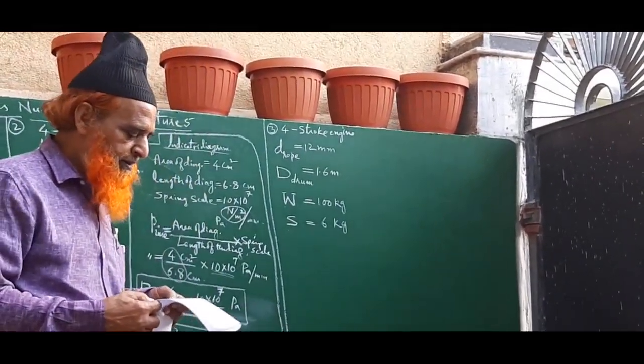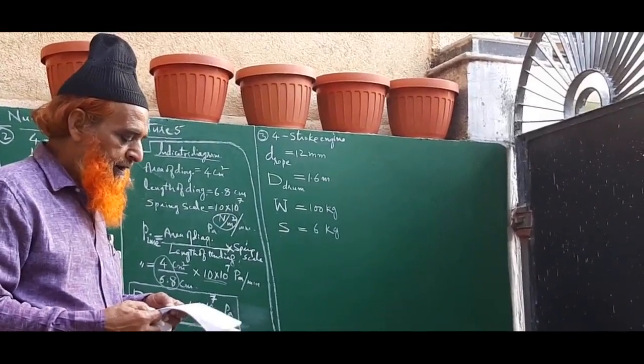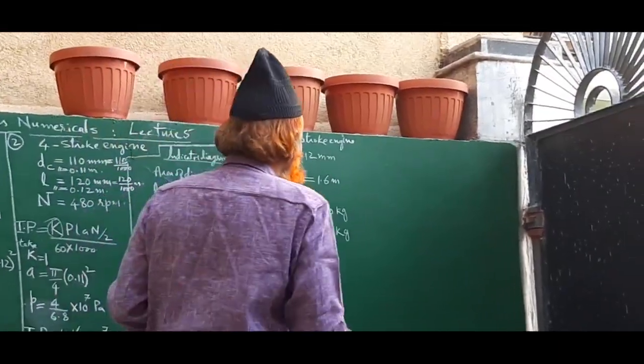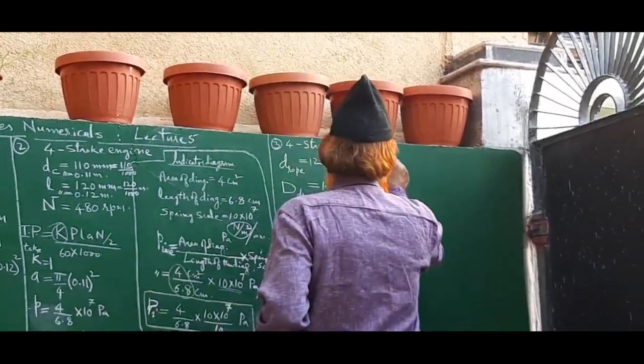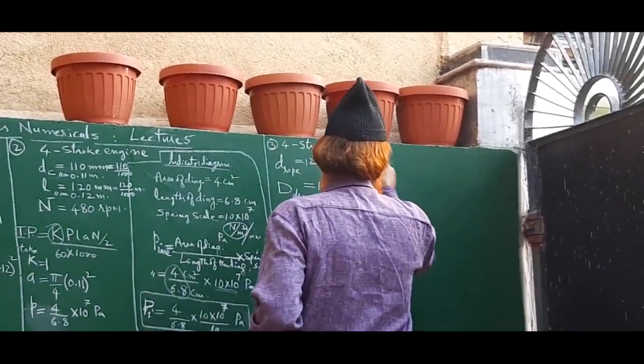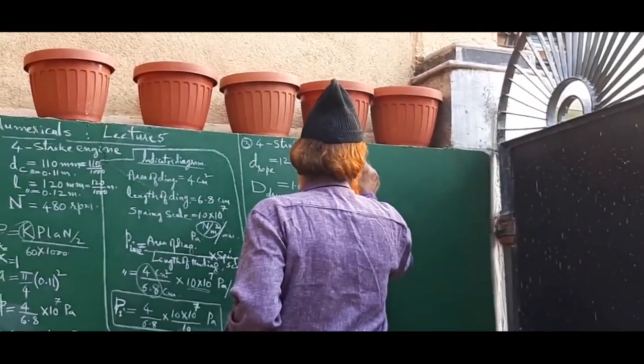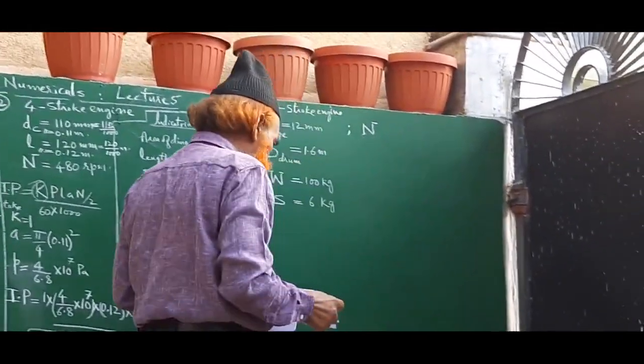Then what is given is crankshaft speed, that is N. If it is given in RPM, then you take capital N; if it is given in RPS, small n.